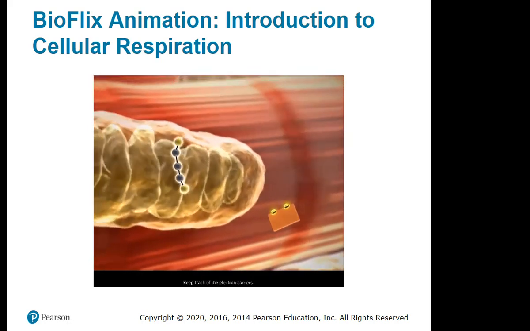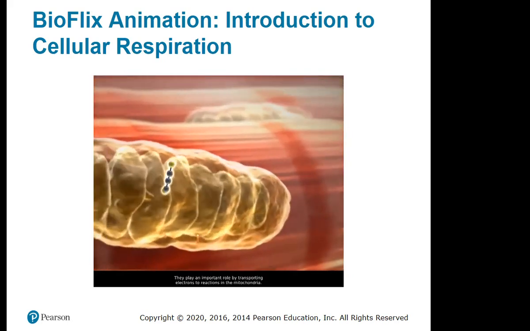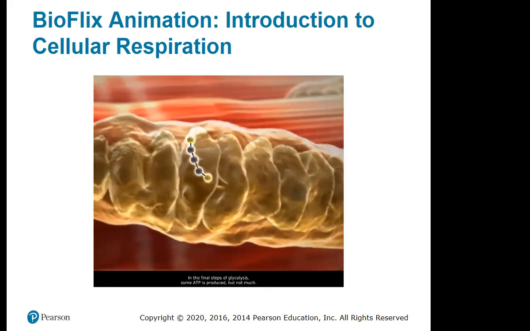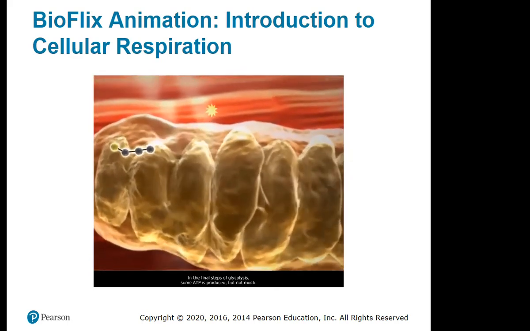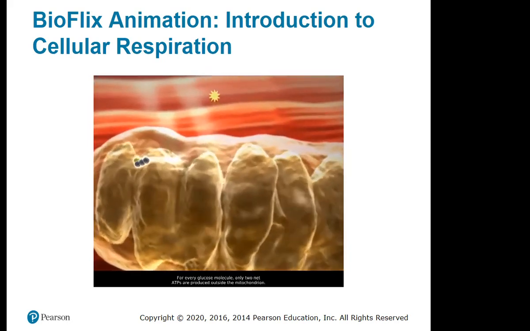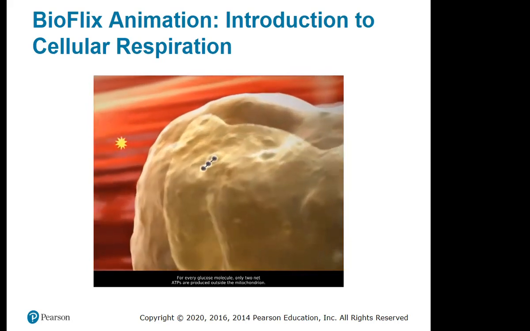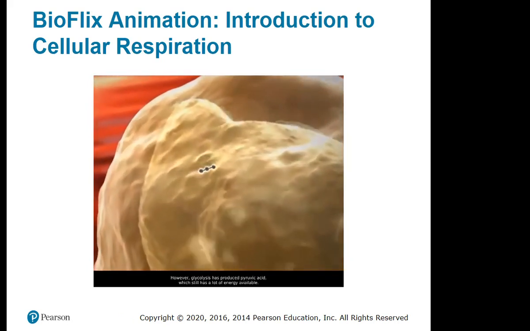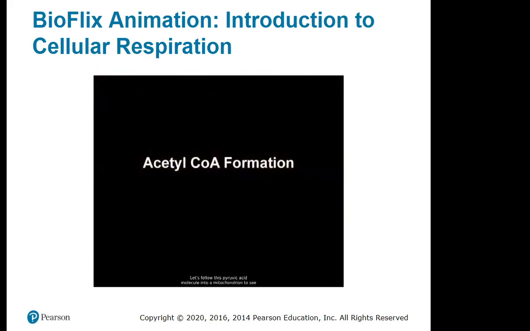Keep track of the electron carriers. They play an important role by transporting electrons to reactions in the mitochondria. In the final steps of glycolysis, some ATP is produced, but not much. For every glucose molecule, only 2 net ATPs are produced outside the mitochondrion. However, glycolysis has produced pyruvic acid, which still has a lot of energy available.